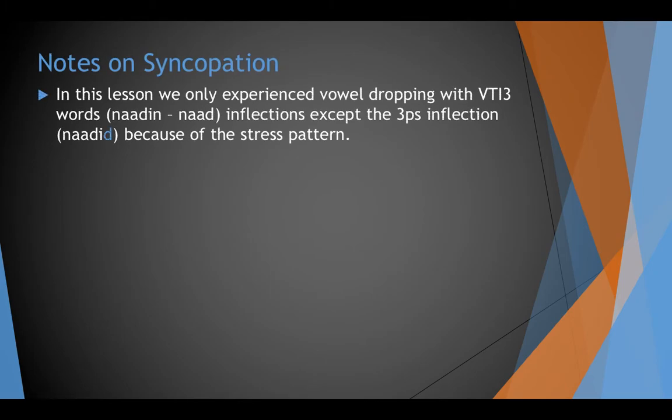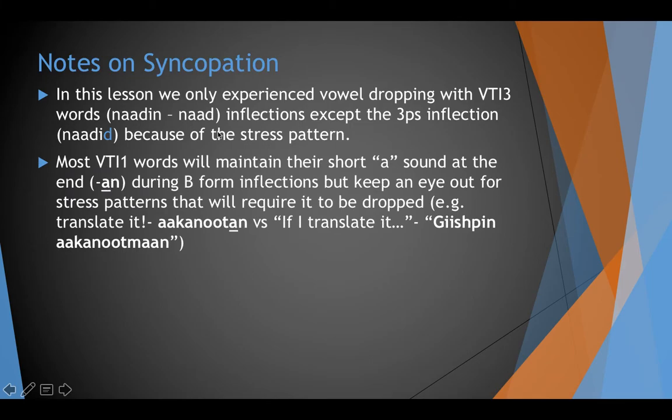Notes on syncopation. In this lesson, we only experienced vowel dropping with our VTI 3 words, nod inflections, except for our third person singular inflections, because of the stress patterns. Most VTI 1 words will maintain their short A sound at the end of AN, like for example jea kwan, during B form inflections, but keep an eye out for stress patterns that would require it to be dropped.